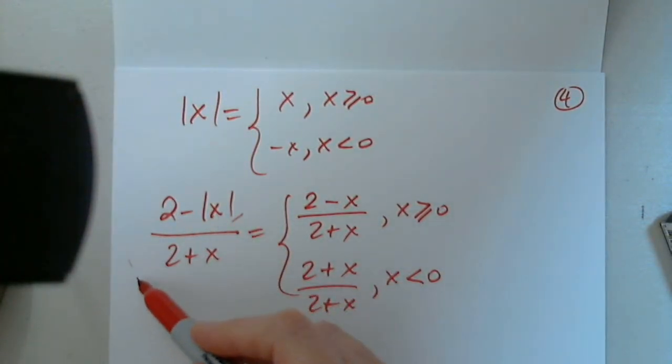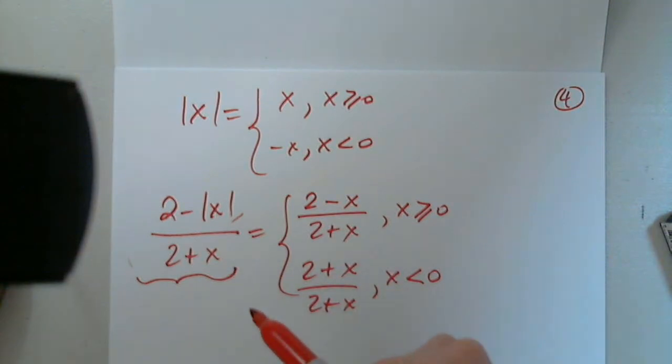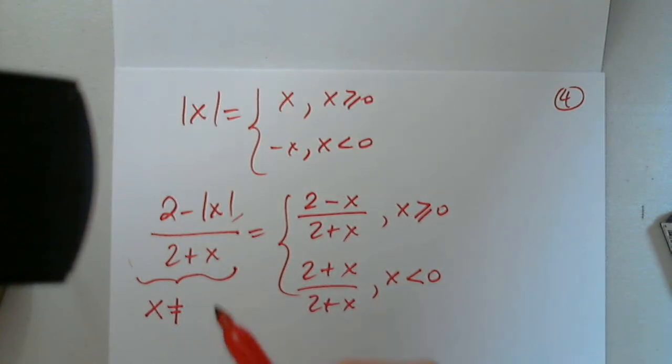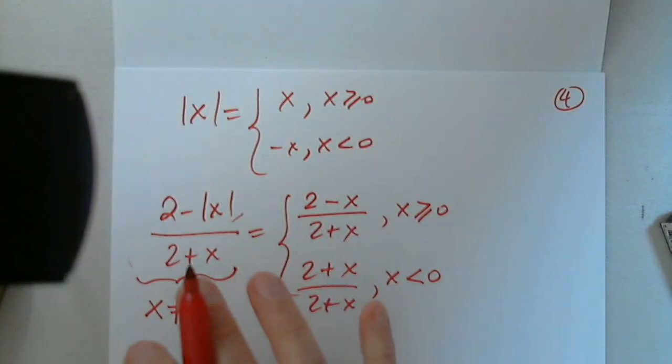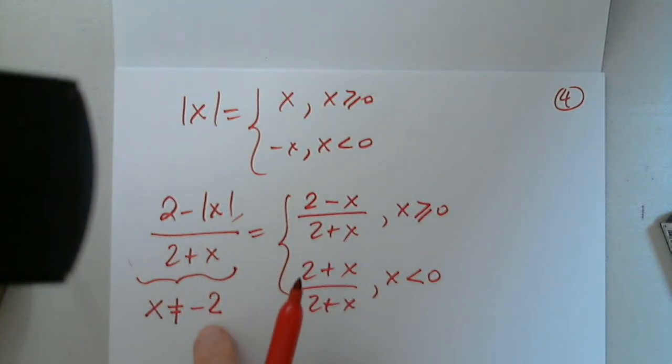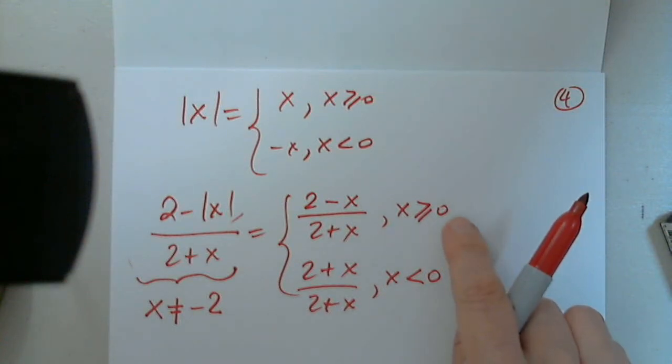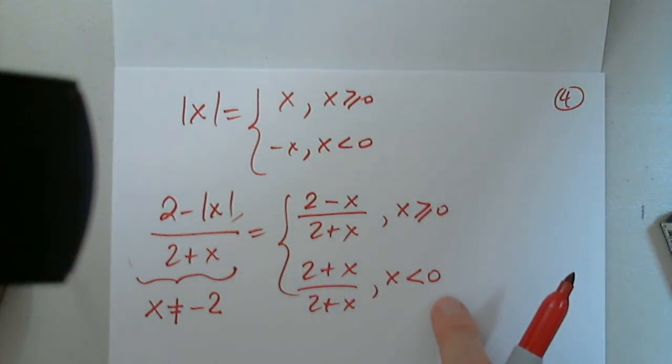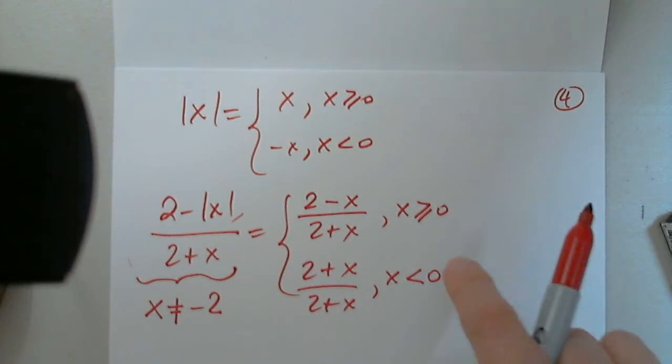But this has a problem. What is the problem? It's undefined at x equals negative 2. Brilliant. So now careful. Where is negative 2? Is it here? Or is it here? The bottom one? Very good.